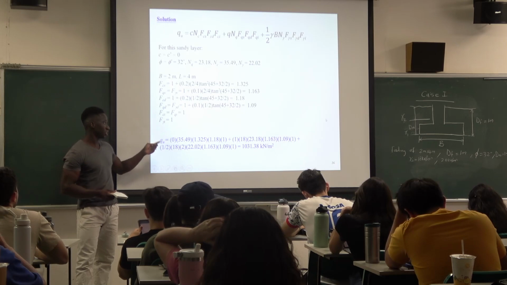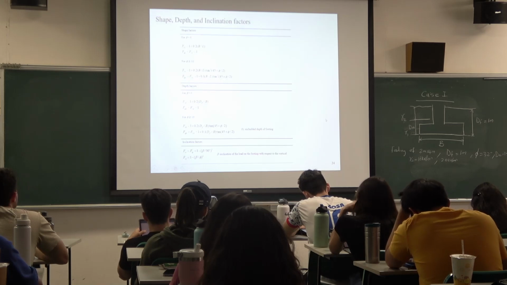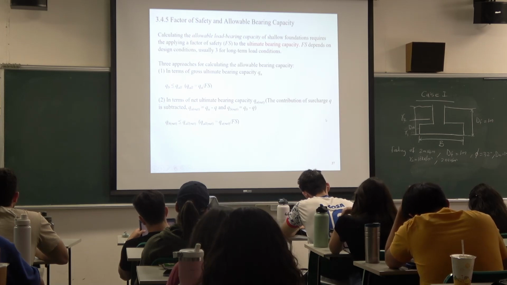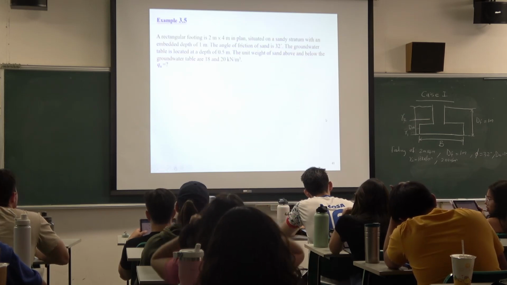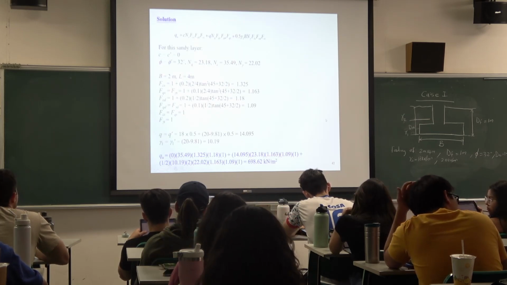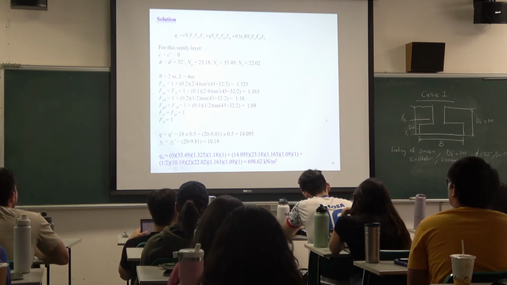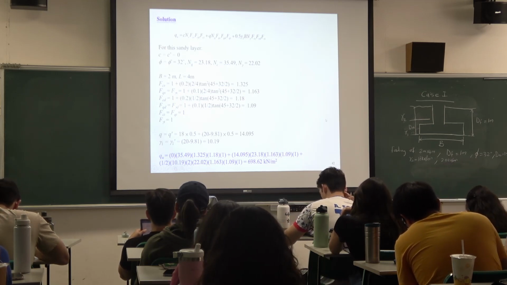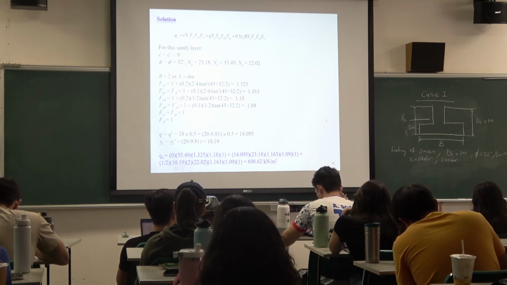The only thing that will change is how we evaluate the Q and the gamma. You see, it's the same values: the FCS, FQS, the shape factors, the depth factors, the inclination factors are all the same. The only difference is we first have to calculate the Q and the gamma, that is the stress. So that's where the differences come into play.